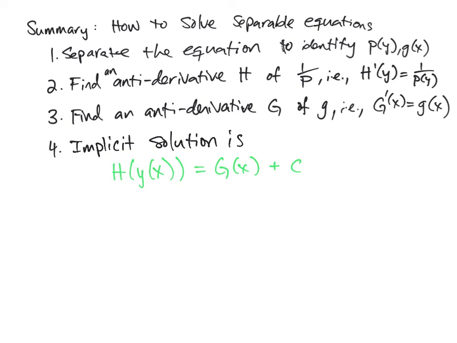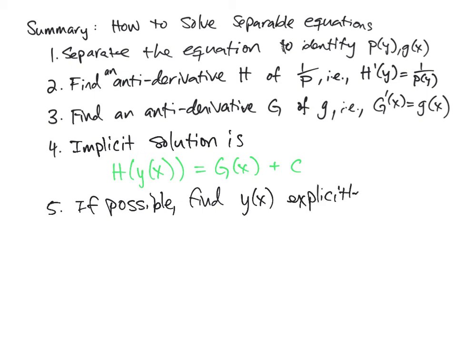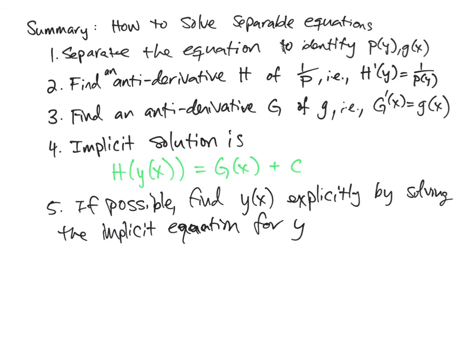And then our last step is step five: if possible, find y of x explicitly by solving the implicit equation for y. If you can do that, then you get y of x equals blah, blah, blah. And that's your answer.